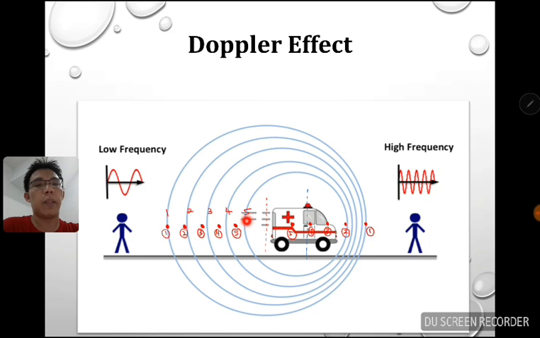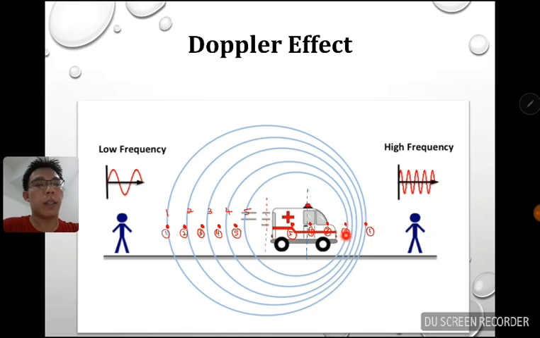Because the ambulance has moved away, it will take a longer time for it to arrive where it's supposed to be. Therefore, you can see that they are getting further and further away from the position that they are supposed to be. Based on the distance between wave fronts, which we call the wavelength, we can see that the wavelength actually decreases as it approaches, which is on this side here. Hold on, let me bring out the pointer.